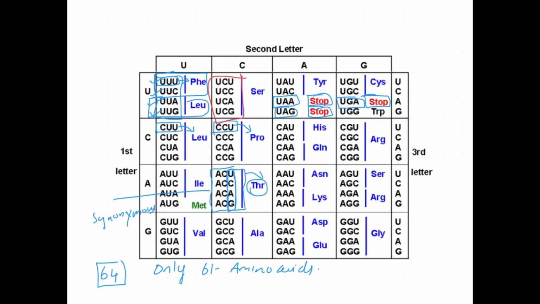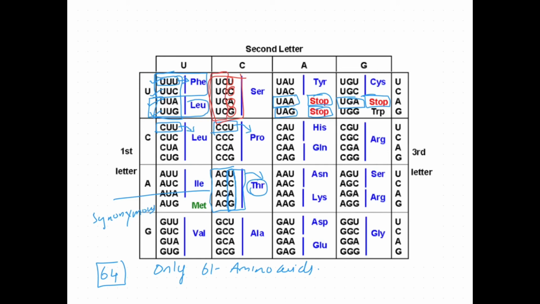Sometimes a distinction is made only between a purine versus a pyrimidine in the third position. You can see sometimes it's only a purine, A becoming C or G becoming U. Only a purine becoming a pyrimidine. This reduced specificity at the last position is known as third base degeneracy.